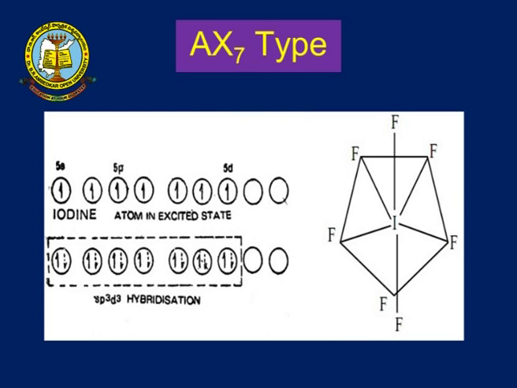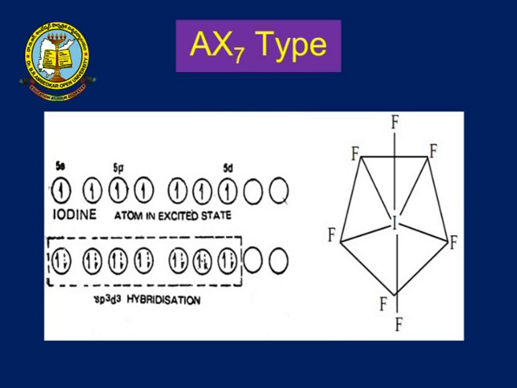The 7 unpaired electrons, 1 s orbital, 3 p orbitals, 3 d orbitals, a total of 7 orbitals combine together to form sp3d3 hybrid orbitals. The 7 sp3d3 orbitals each have a single electron, right? The 7 single-electron orbitals overlap with 7 other halogen atoms, giving the AX7 molecule or IF7 molecule, right?